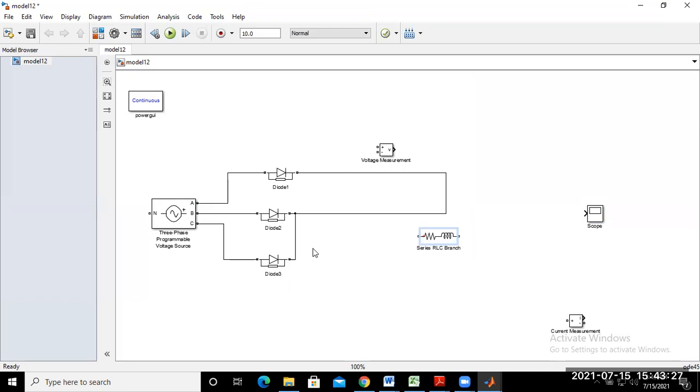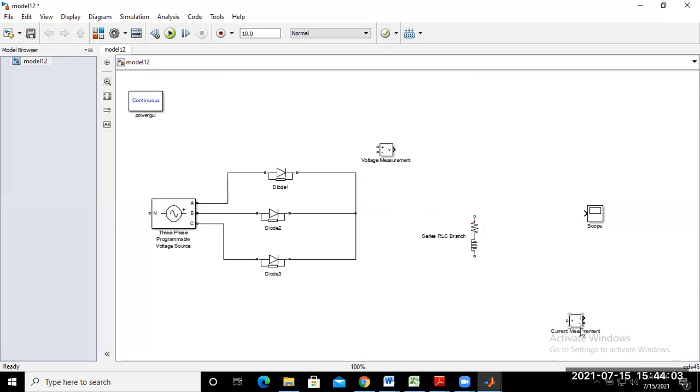Now just connect this R1 RL load, control R, and drag to this point. This point to here. This point to here. Now you can connect this ammeter. Where is the ammeter? Have you read?